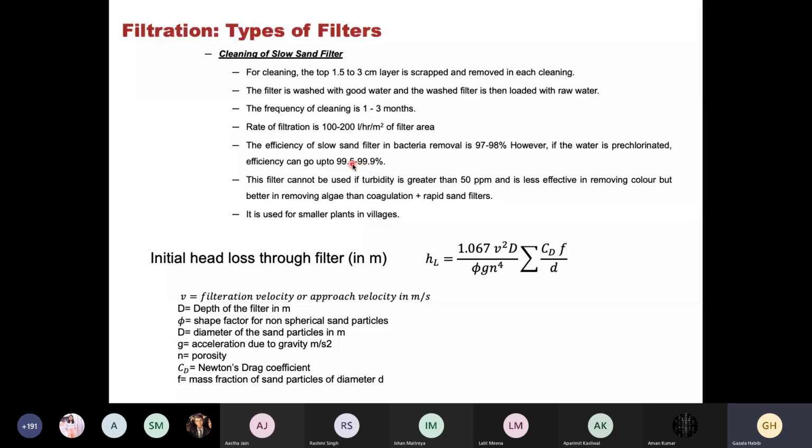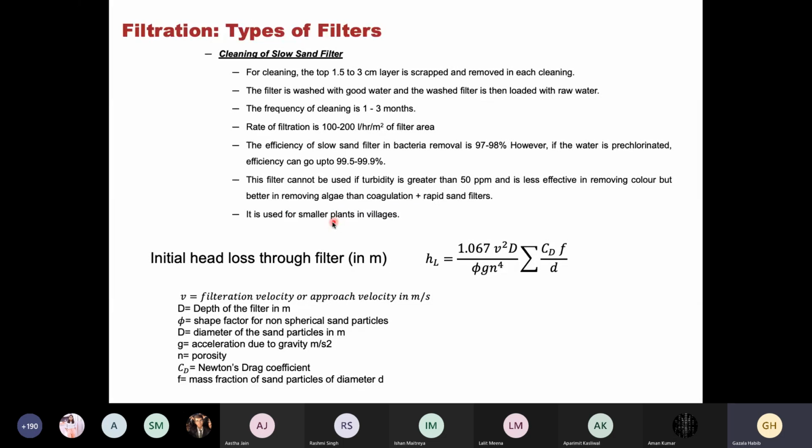The filter cannot be used if the turbidity is greater than 50 ppm. If it's very turbid water, then this process is not that effective. Generally this type of filter can be used in smaller size plants, like in villages and all.